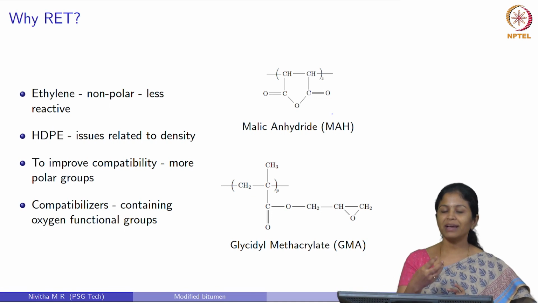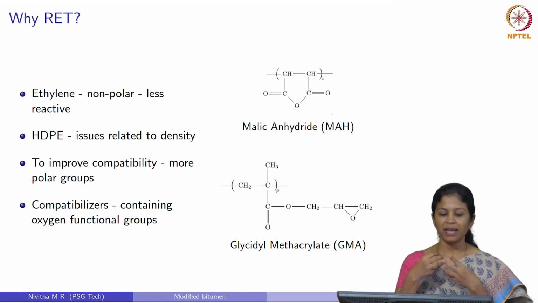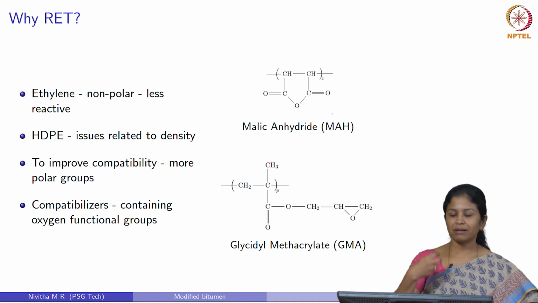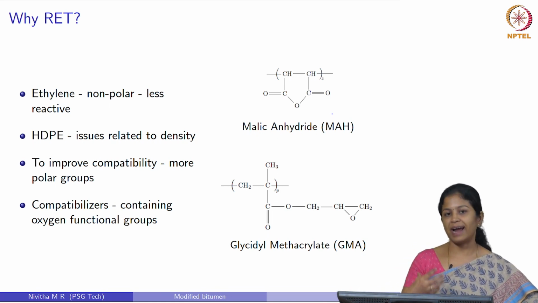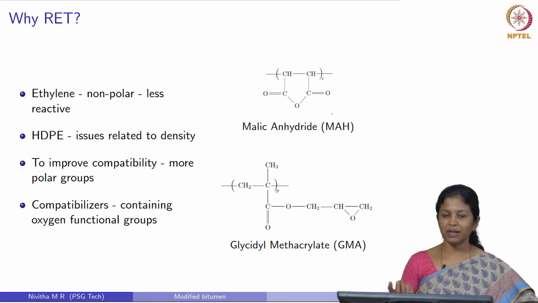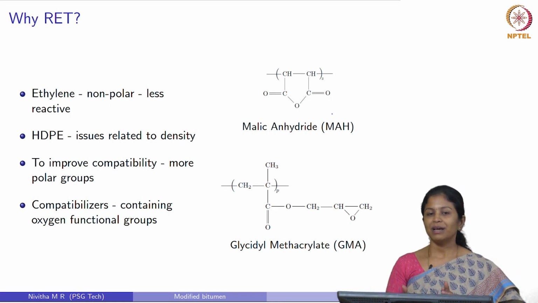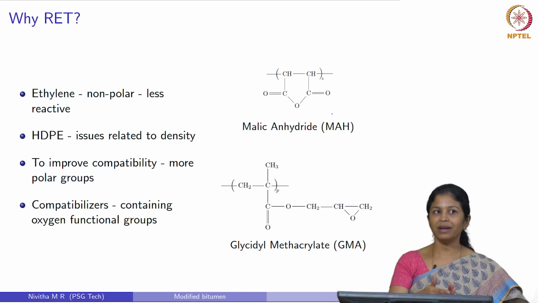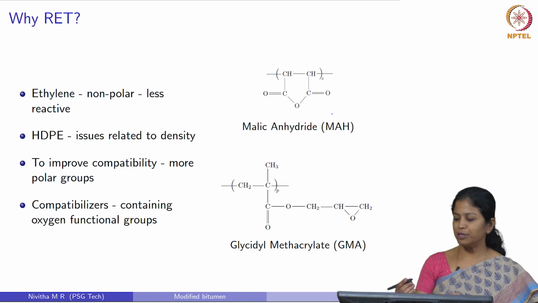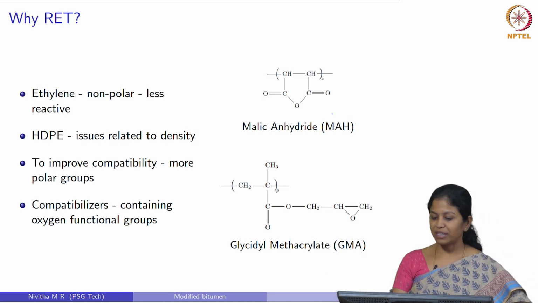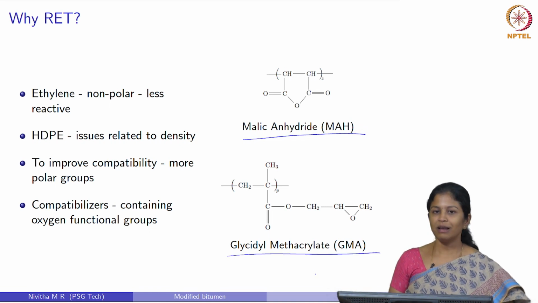So, we need to make these two materials interact with each other, right. To make them interact, we have some compatibilizers which are added. So, what are these compatibilizers? These are materials which are added to improve the compatibility of the modifier with bitumen, right. There are two types of commonly used compatibilizers. One is maleic anhydride and the second one is glycidyl methacrylate.